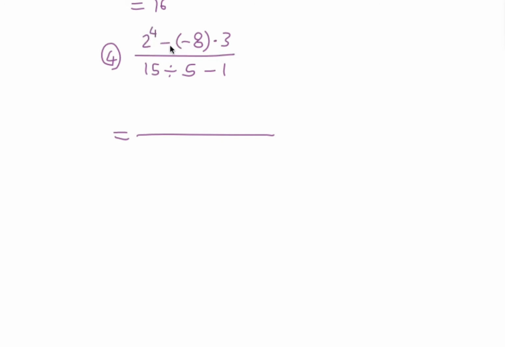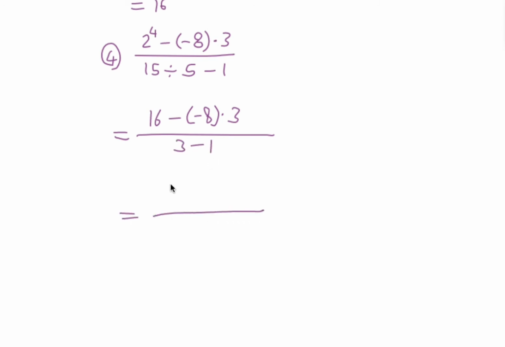Exponent or subtraction or multiplication, which one? According to PEMDAS, first solve the exponent. So 2 to the power 4, which is 16, minus 8 times 3, and here a divide sign and a minus sign. So what should we do first? Divide. So 15 divided by 5, which is 3.